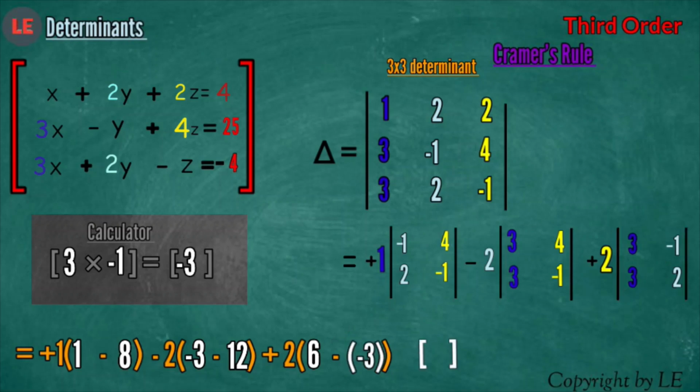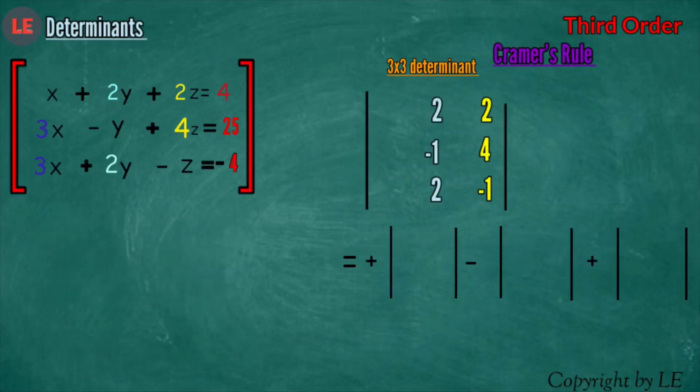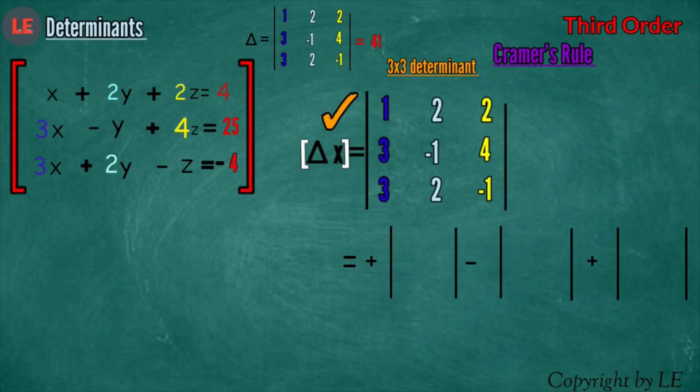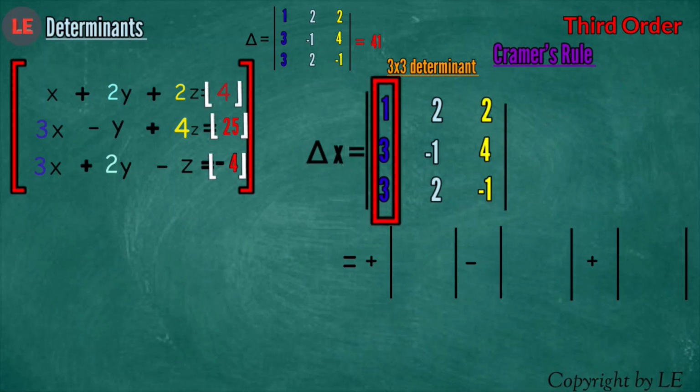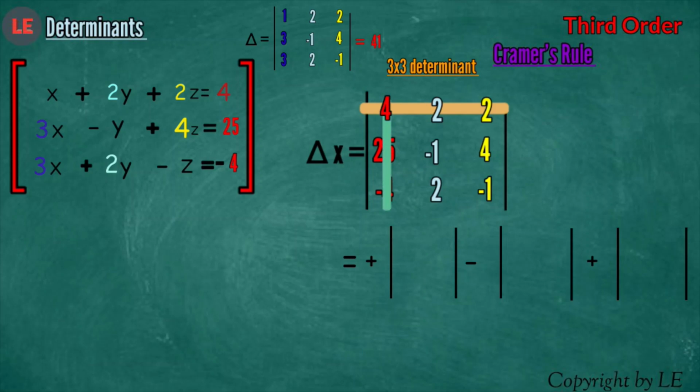All these give us the determinant to be 41. Now let us find the determinant with respect to x. So, we take this 3 by 3 matrix, and replace only the coefficients of variable x with these constants. Then, strike out row 1 and column 1, we write this group left out alongside this 4.